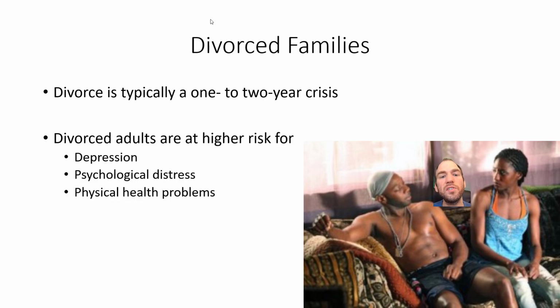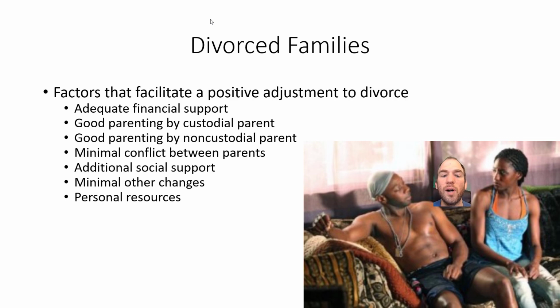Divorce is typically a 1 to 2 year crisis, and there are risk factors associated with divorce in adults, such as depression, psychological distress, and physical health problems. Factors that facilitate a positive adjustment, or in other words buffer against divorce, are adequate financial support, good parenting by custodial parents, good parenting by non-custodial parents, minimal conflict between parents, additional social support, and minimal other changes in personal resources.